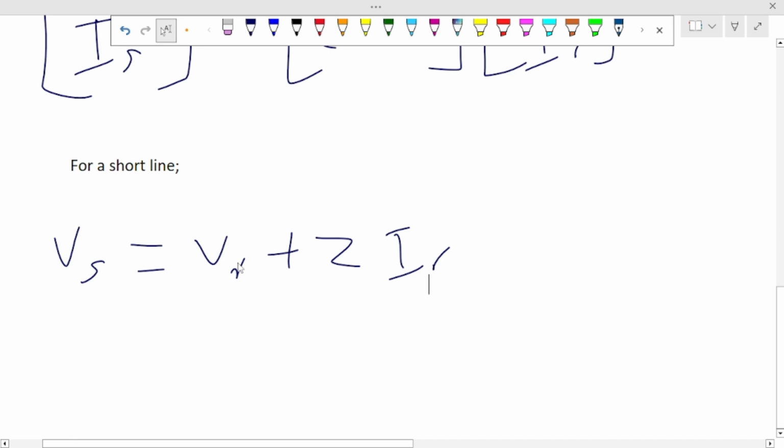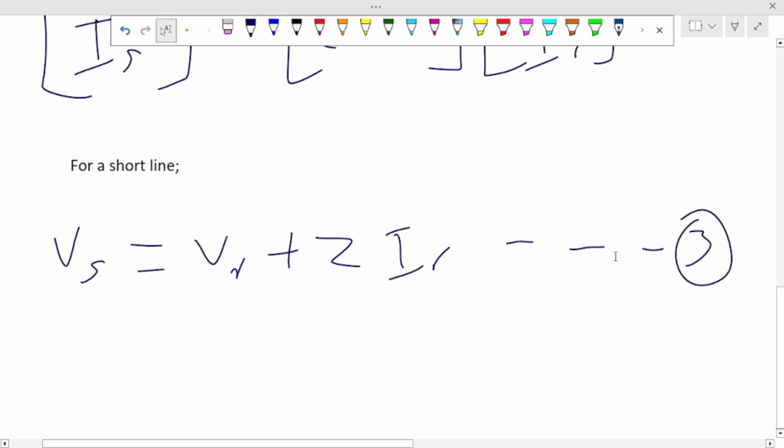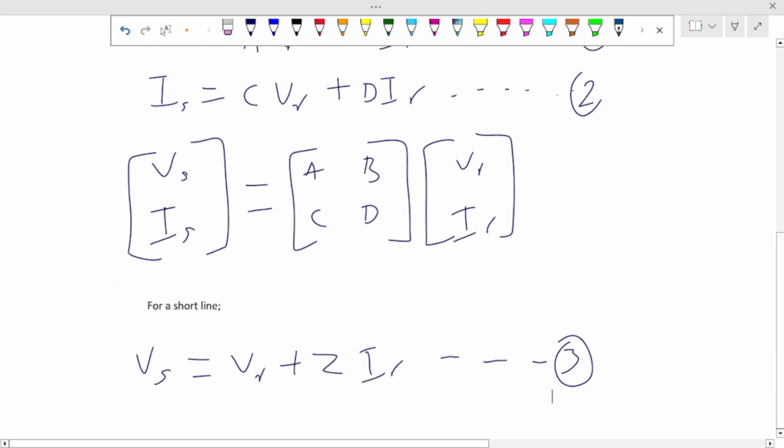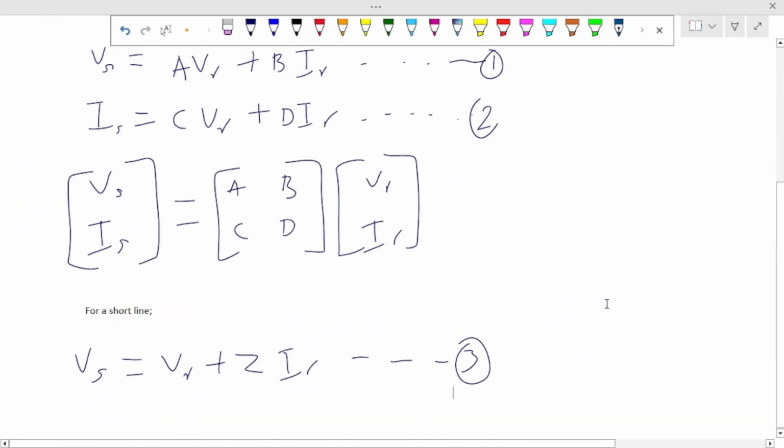Let's call this equation 3. If you compare this to equation 1, what is A?